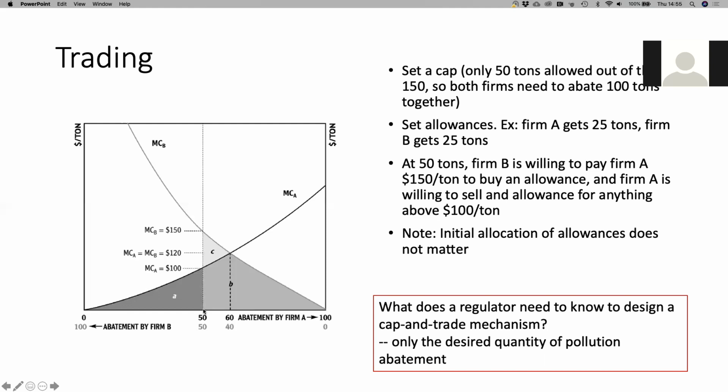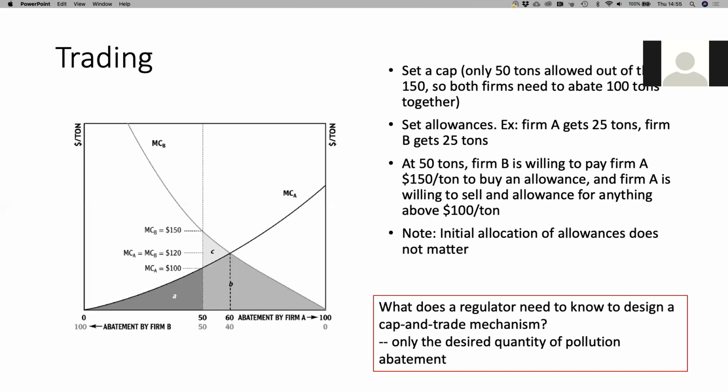Now that you can only get 50 tons, each firm can only emit 25 tons, so you are required to abate 50 tons. So you have this situation that we had earlier, where the cost of abatement for everyone is different.